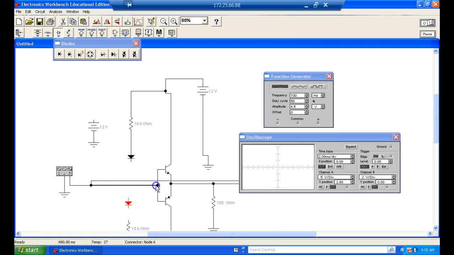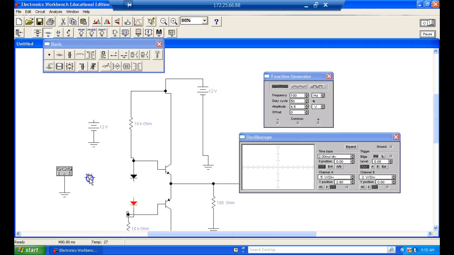Oops. It's hard to do with the mouse. Then we're going to have to come back and add a coupling capacitor because we've got a bias, right?